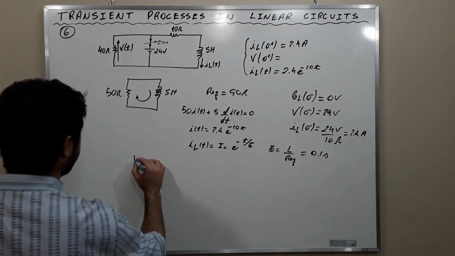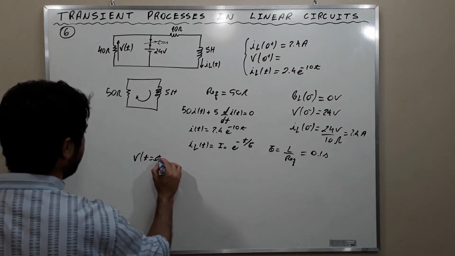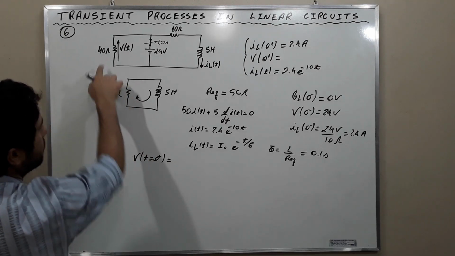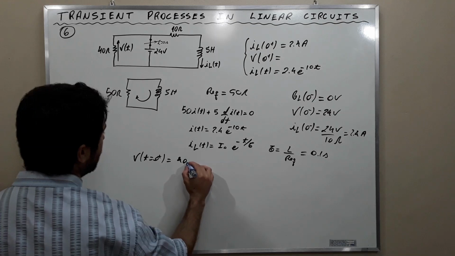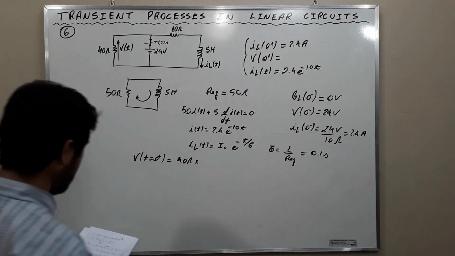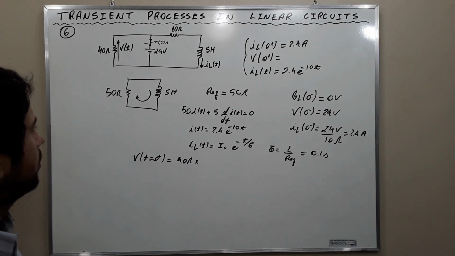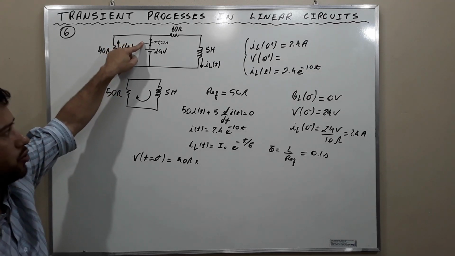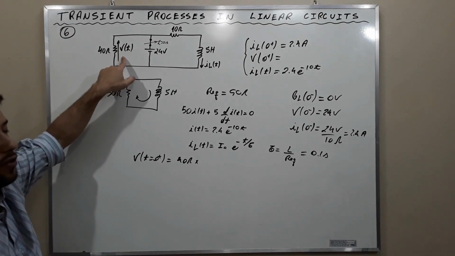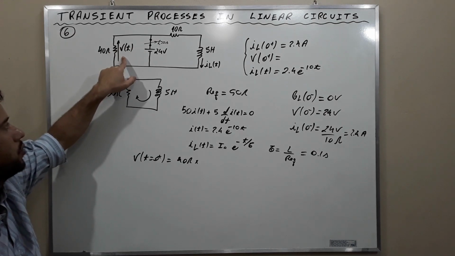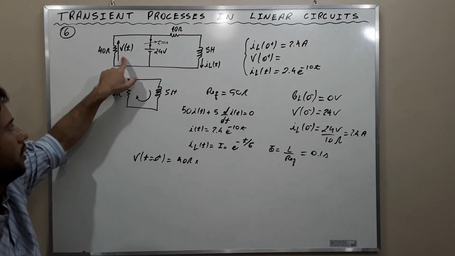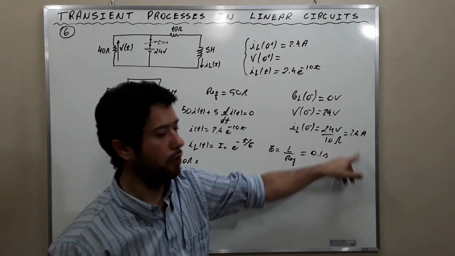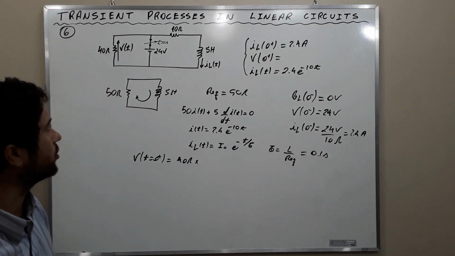V of t equal to 0 plus is equal to 40 ohms times the initial current, the initial current immediately after the switch is open. The current that's going to pass here is this one, but in the opposite direction.